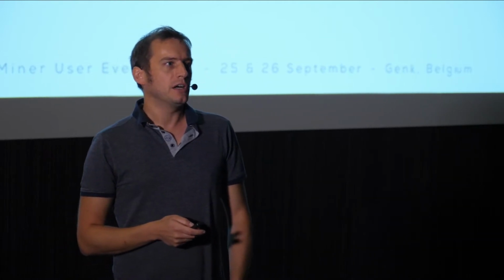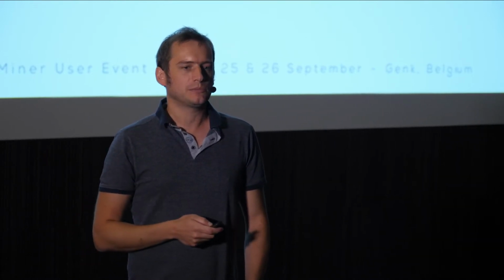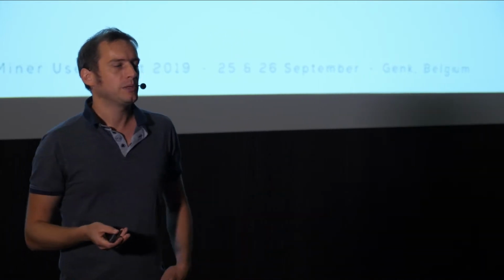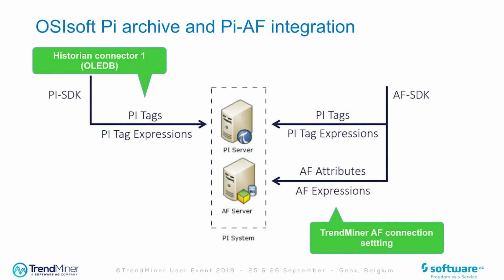Now, obviously, that's not the full picture anymore for many OSIsoft customers, since many of them started putting in place the AF server, to also create more structure on top of the flat list of tags and time series in their archives.